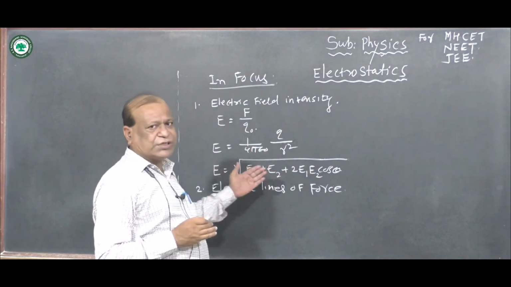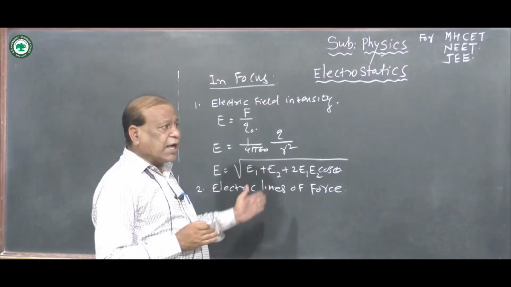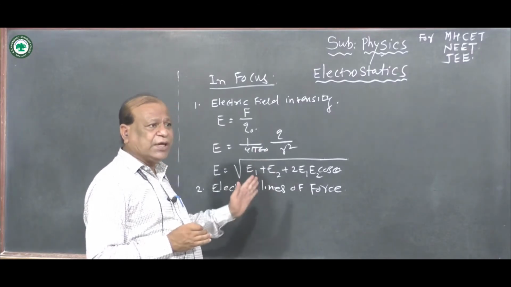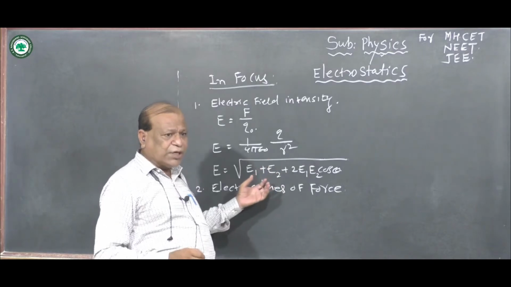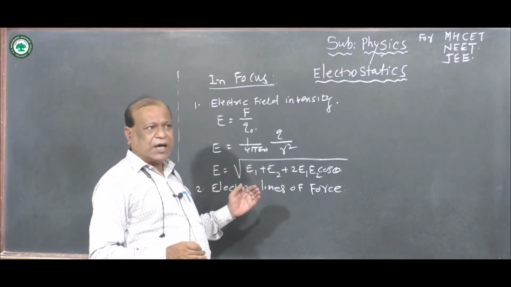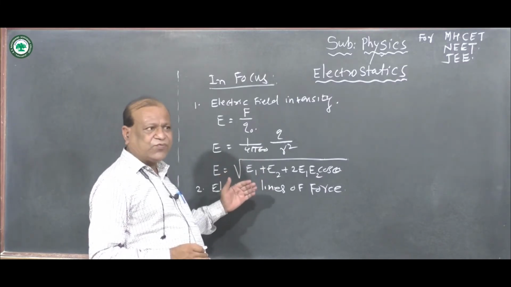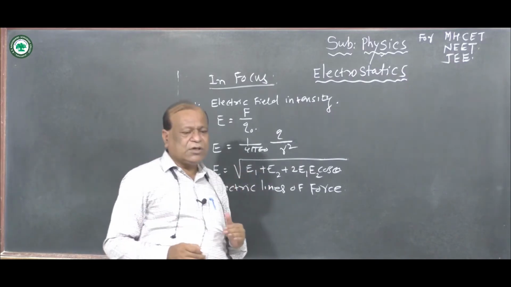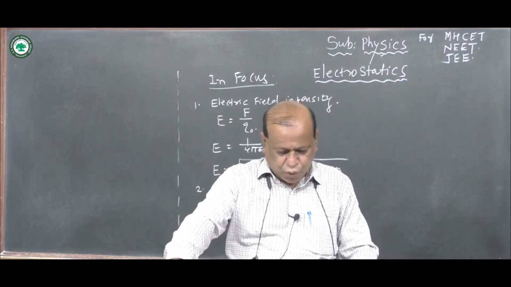They do not intersect with one another. The tangent drawn at any point on a line of force gives the direction of electric field. If lines of force are more crowded, the intensity of electric field is large. If lines are widely separated, the strength of electric field is less.